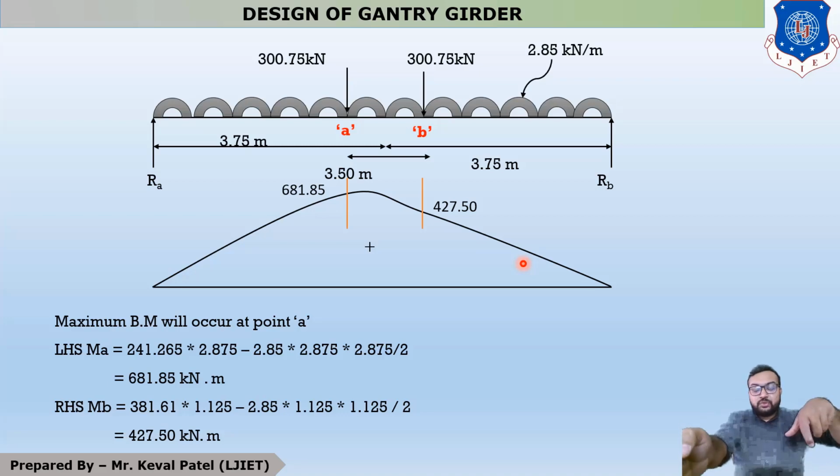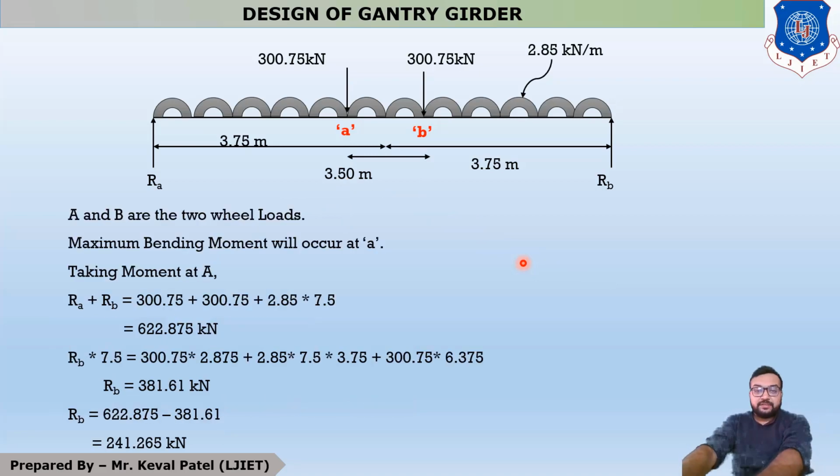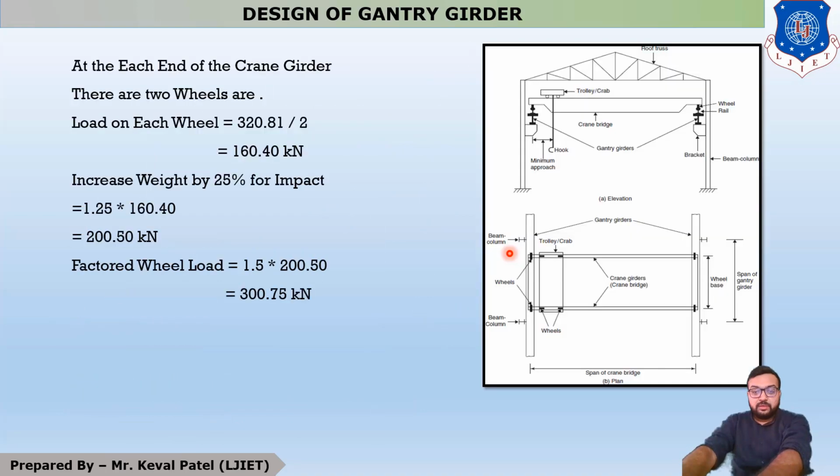In the third step we have to find out the maximum shear force in the gantry girder. It means you have to find out the maximum shear force which is generated on this span. Now this length is 7.5 meter, you can see in this figure.